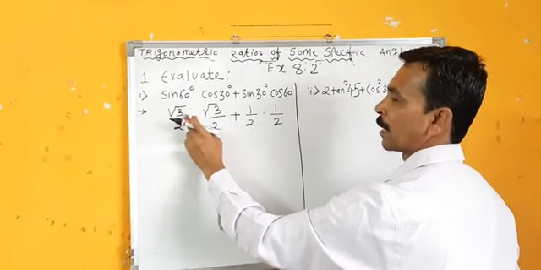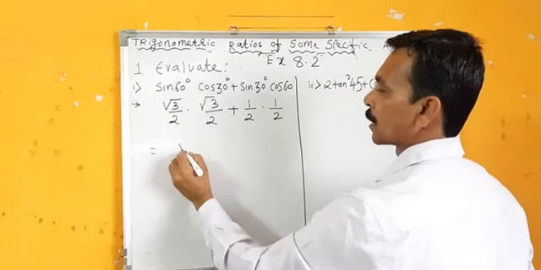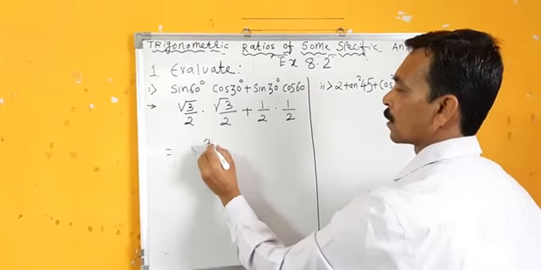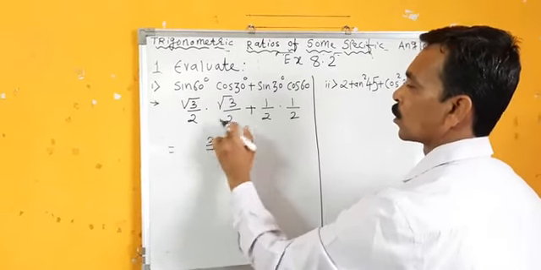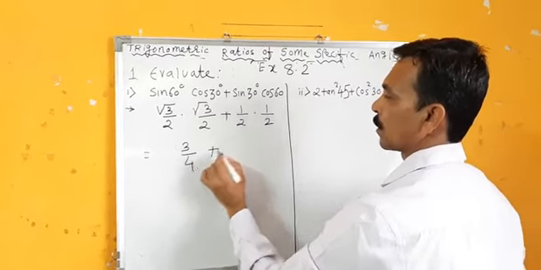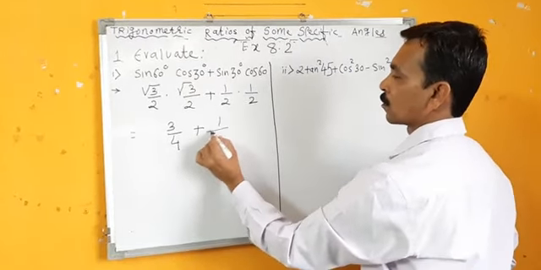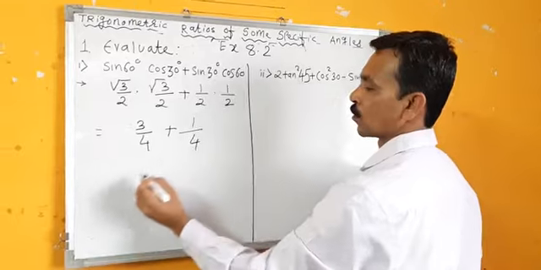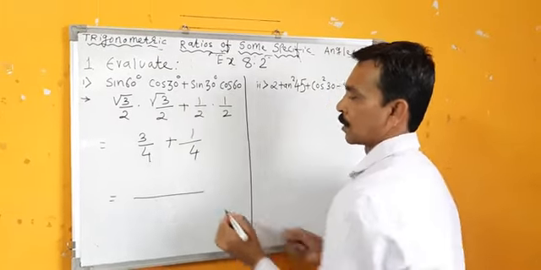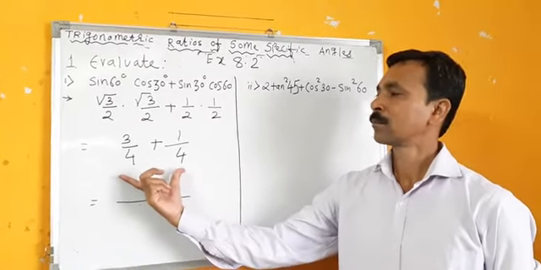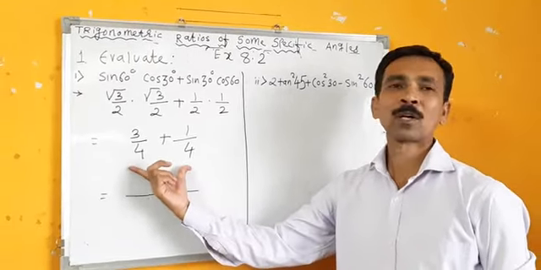Multiply numerator with numerator. Root 3 into root 3 is equal to 3 upon 2 2s are 4, plus 1 1s are 1, 2 2s are 4, is equal to. What is the LCM? 4, because the denominator is 4.